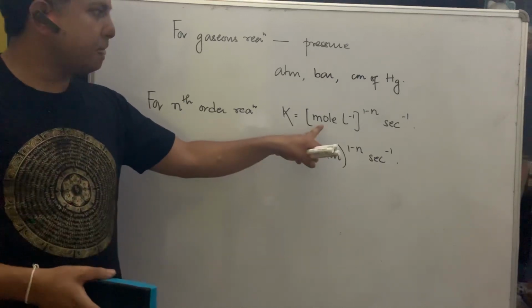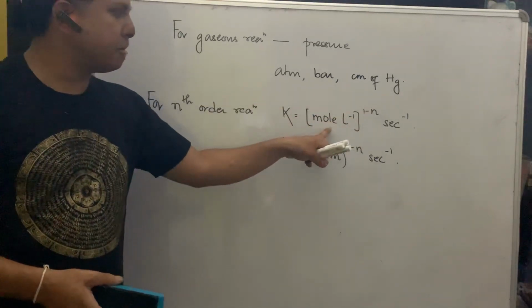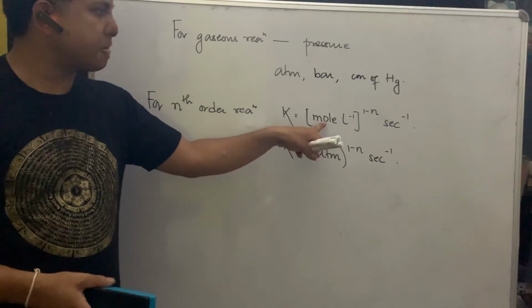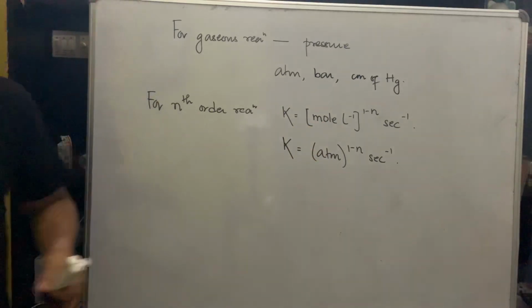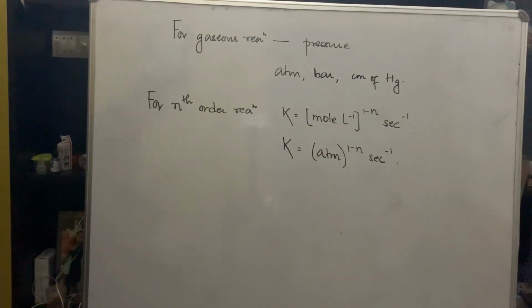If you remember mole per liter to the power 1 minus n, I'm going to substitute this by pressure units. That's all. Now let us discuss other types of questions which might come.